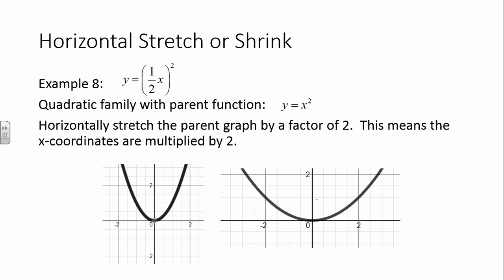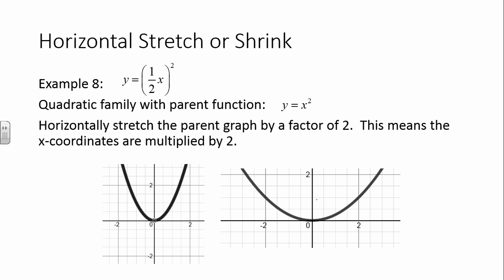So here's my 1/2 out in front of x. Again, I'm altering the input is the way it's written. Because it's a 1/2, again, horizontal, everything's backwards, so the reciprocal of a half is 2. So it's going to look like a horizontal stretch factor of 2. So compare my two graphs there, going over 1 up 1. Now I need to go over 2 before I go up 1.